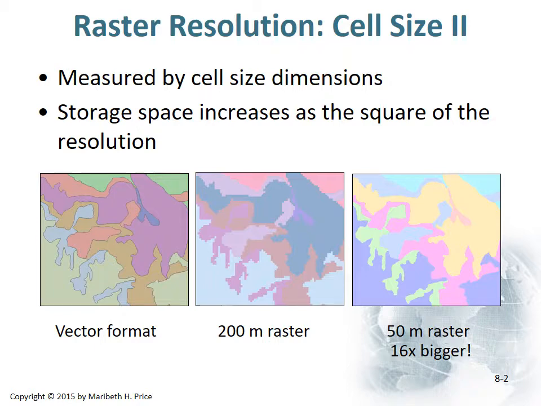It's doing a job of describing all those features, but not terribly well. If we were to sample that information and record it at the 50-meter resolution, a much finer resolution, then we're doing a much better job of describing the area, not as good as vector, but doing a better job of describing the area relationships of each of these land cover types. But the data set's going to be 16 times larger.